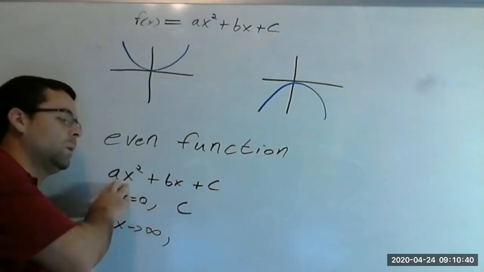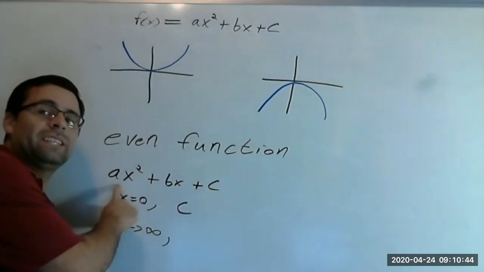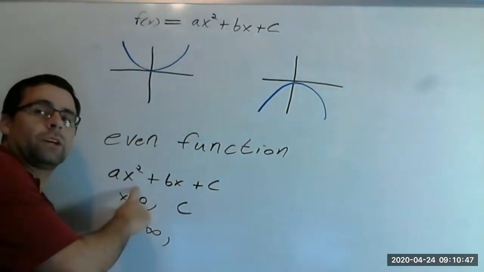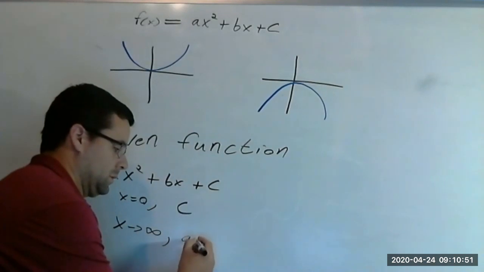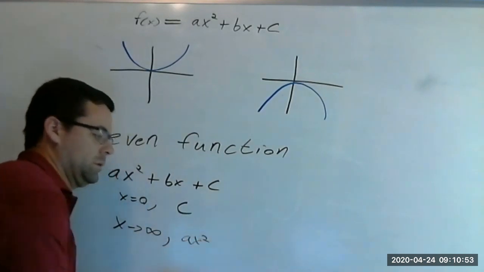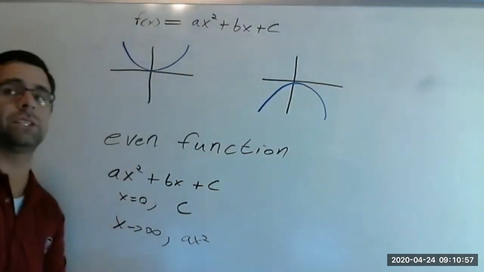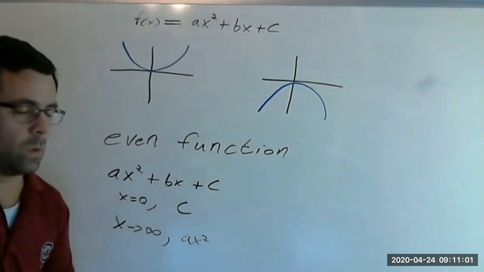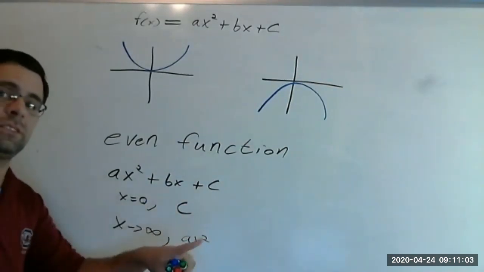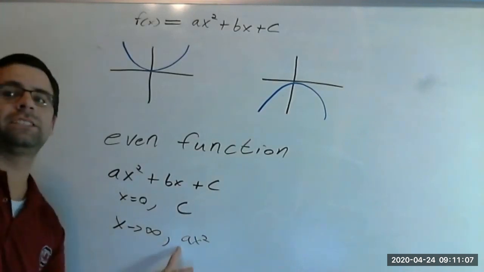As x gets bigger and bigger, this thing takes over because it grows faster than this one. So at the very ends, the behavior is determined by this thing.